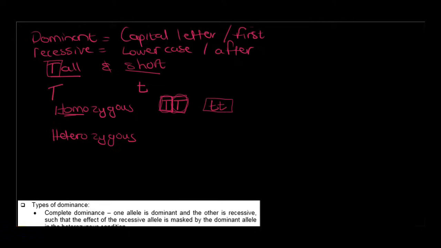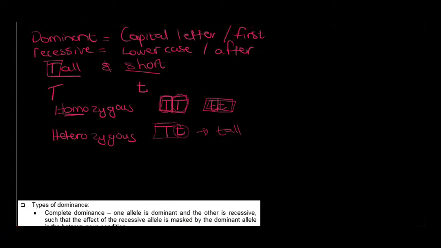This is the only time that you will find a short plant, if it is homozygous short, because the recessive trait will only come out if there are two of it. Then heterozygous means different, so a heterozygous tall plant, because remember, even though we do have the short allele there, the dominant allele, which is tall, overshadows it, so what you will see in the phenotype is in fact tall.